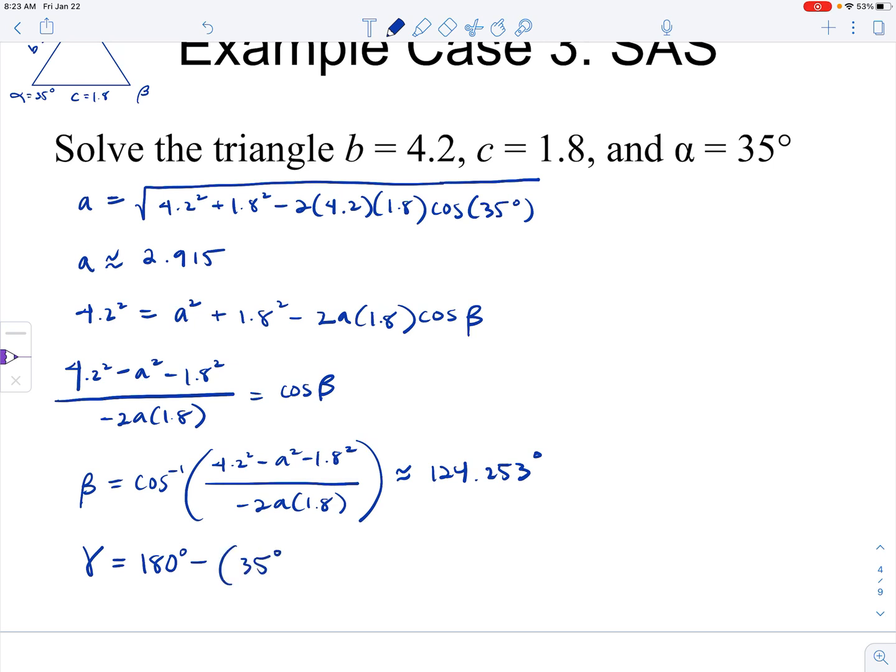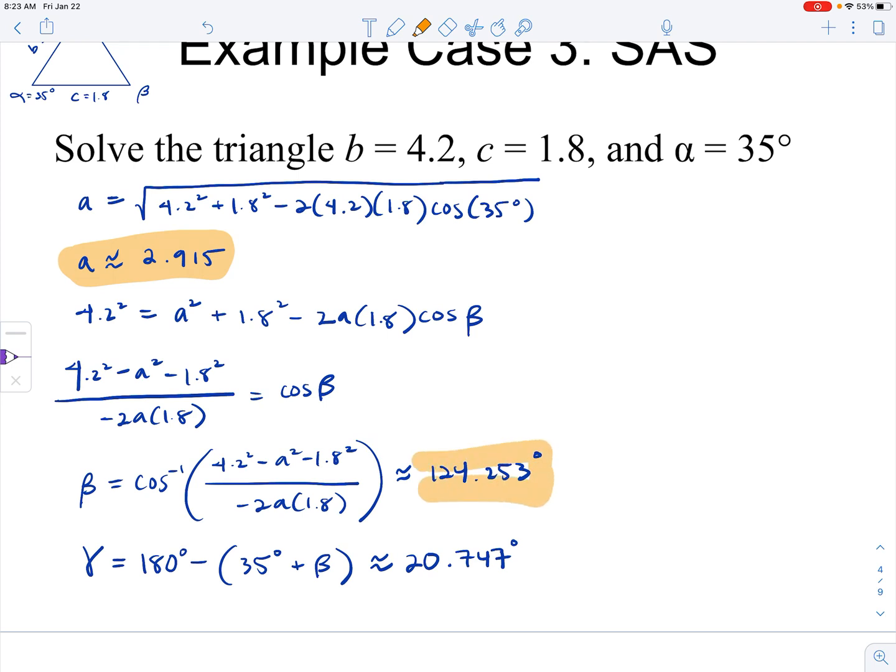So then to determine what gamma is, that'll be 180 degrees minus the sum of our given angle of 35 degrees and beta. When you type that into your calculator, the angle is approximately 20.747 degrees.